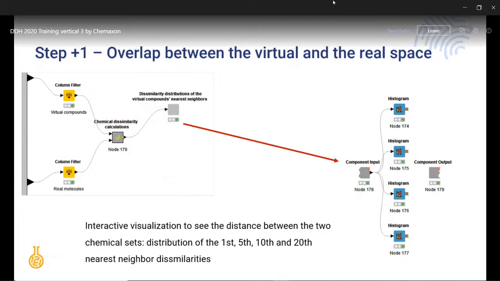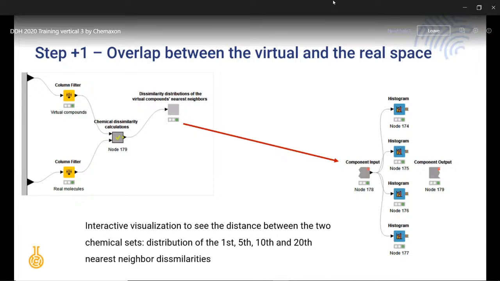And as you will see at the end of the KNIME workflow, what we did here is an interactive visualization where we wanted to display the distance between the 2 chemical sets, the virtual chemical set and the real compound set. For this, we calculated the structural dissimilarity between each virtual molecule and its first, 5th, 10th, and 20th nearest neighbor.